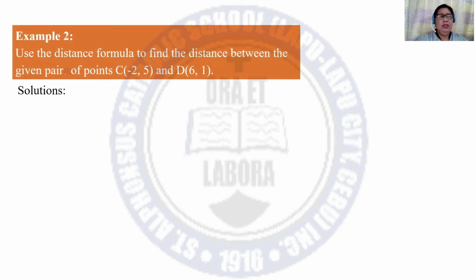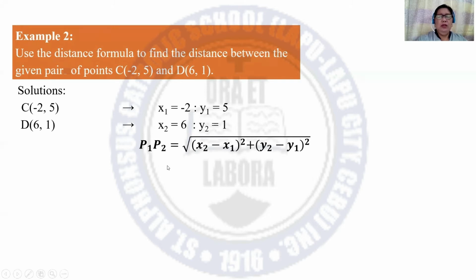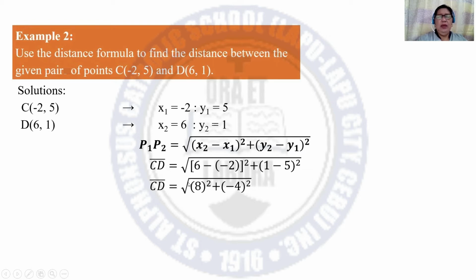For the solution, for the first point, we consider -2 as x sub 1 and 5 as y sub 1. For the second point, 6 is the value of x sub 2 and 1 is the value of y sub 2.